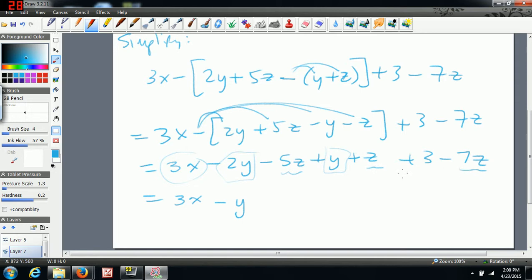Subtract 7z is going to give us negative 11z. Yep, that's correct. And then we just write in the 3. Okay, so that's how you would simplify something like that. So I'm just going to double check here. So that looks good. So when I remove the bracket, I brought the negatives in, and then finally added up like terms.